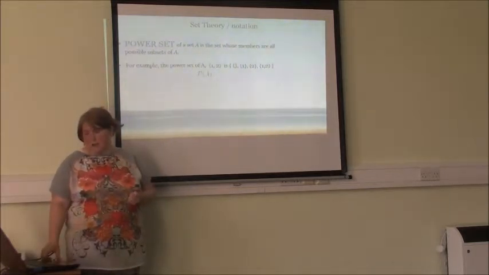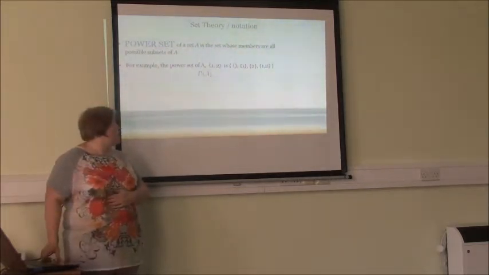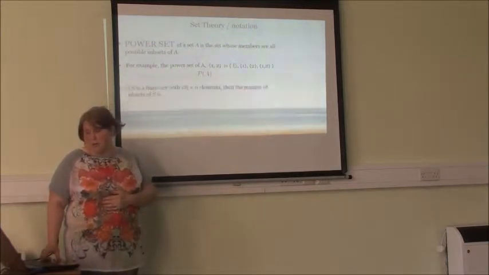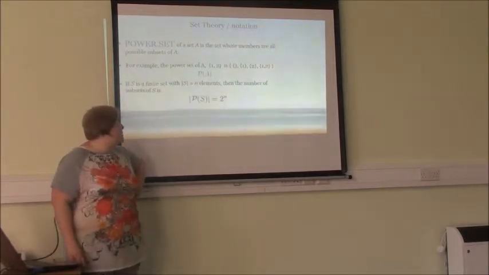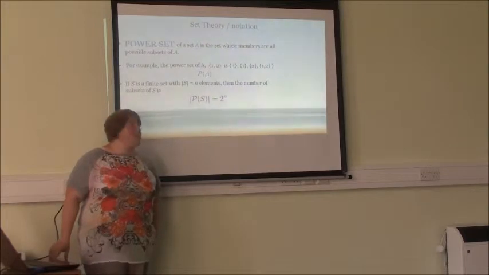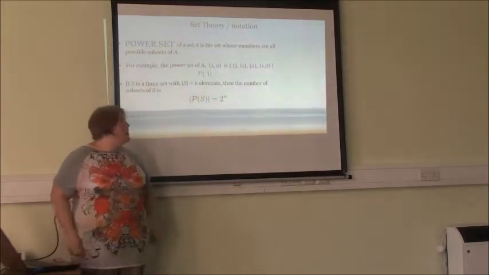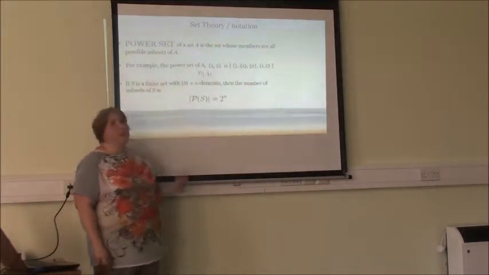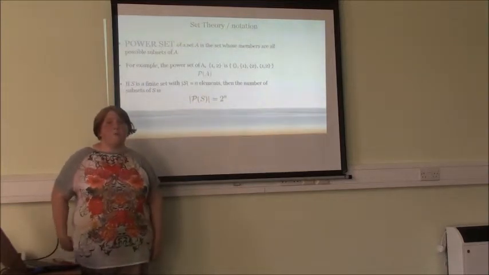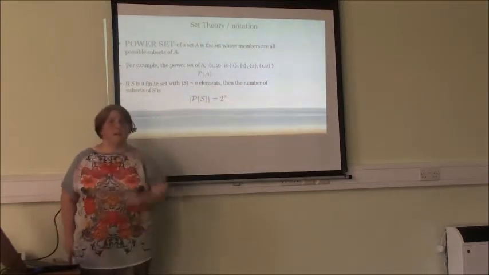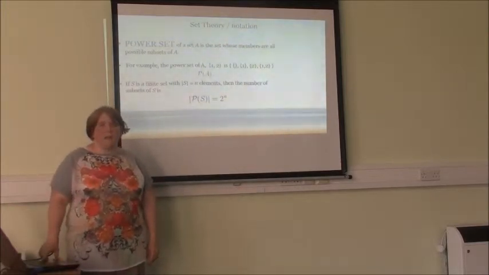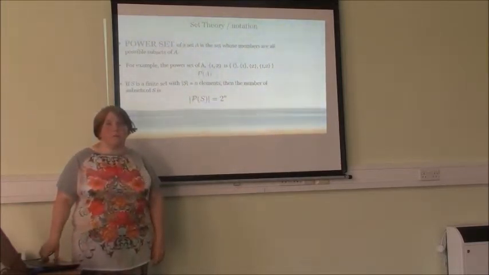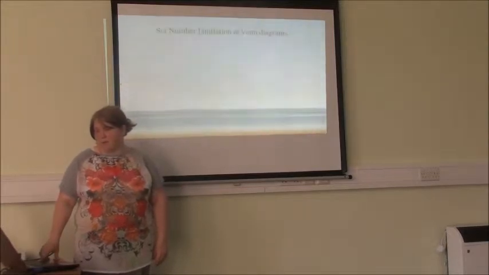We show that as P(A) with a curly P. The formula for the number of subsets is 2 to the power n. In this case there are 2 members in my set, so 2 to the power 2, which is 4, which is correct. If there were 3, it would be 2 to the power 3, which is 8, etc. So that's how you do power sets. It's every possible combination of subsets within a set.